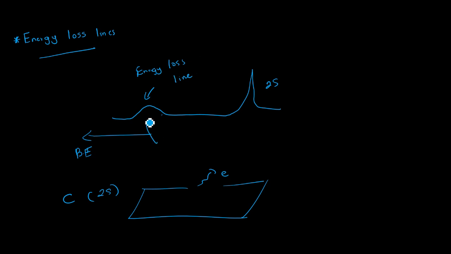This binding energy is higher compared to the 2s electron here. This is the parent peak, while this is your energy loss line, which has higher binding energy compared to this one, right? Don't be fooled by this, because we are interacting with the electrons, right? So there will be higher binding energy compared to the parent peak.